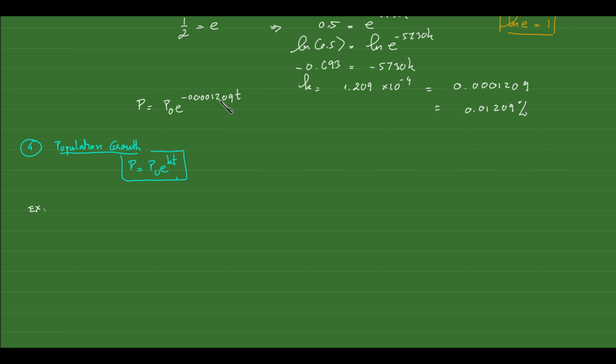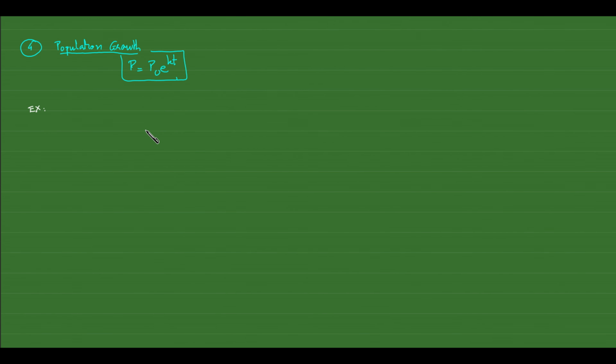Alright, I think that's a very good example. Okay. Alright, so we'll go ahead and write out the problem. As of 2010, the population of India was estimated at 1.17 billion people.